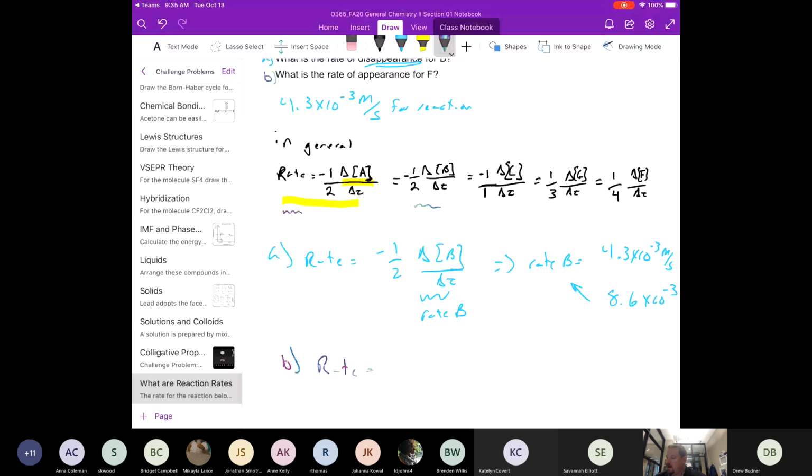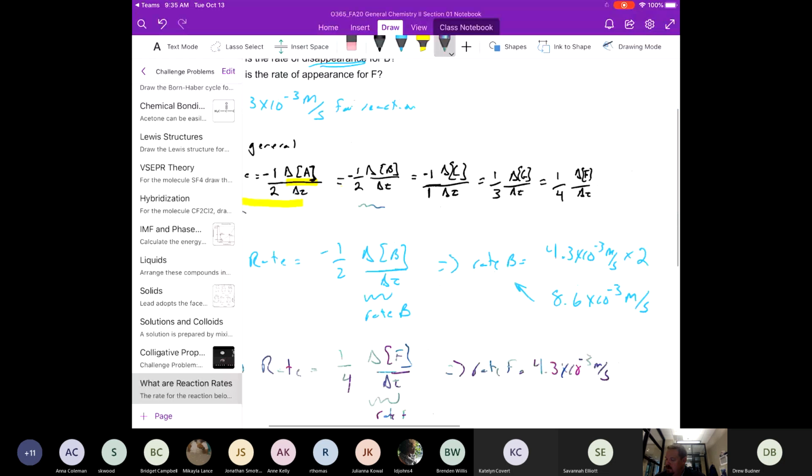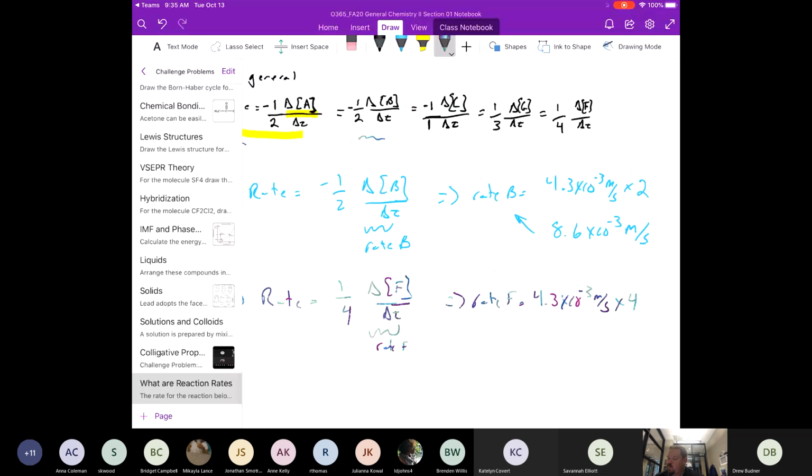Rate is equal to now 1/4 change in concentration of F per change in time, which we would call rate F. So rate F is going to be equal to the rate, 4.3 times 10 to the negative 3 molar per second times 4, which is going to be 1.32 times 10 to the negative 2 molar per second, the rate of appearance of F.